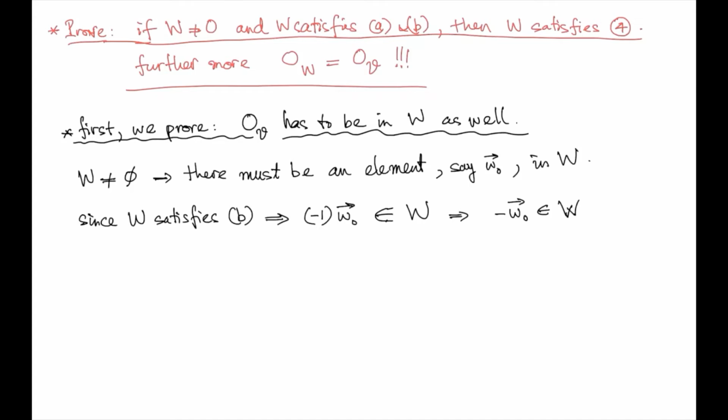So that opposite vector, which was initially in V, now will have to be in the smaller set W.